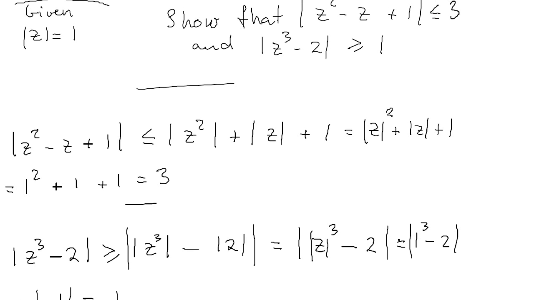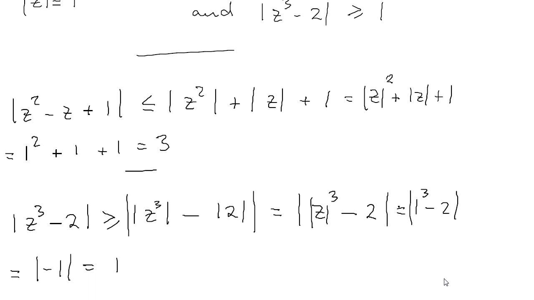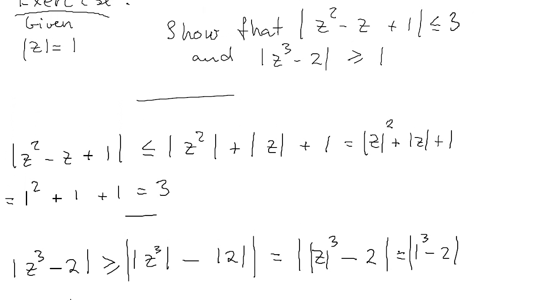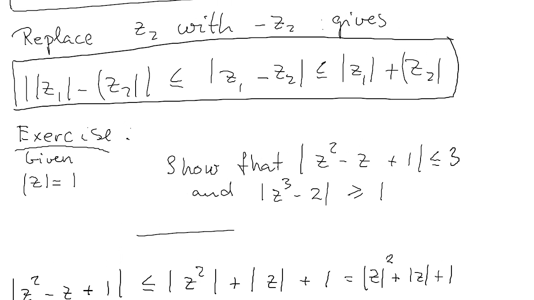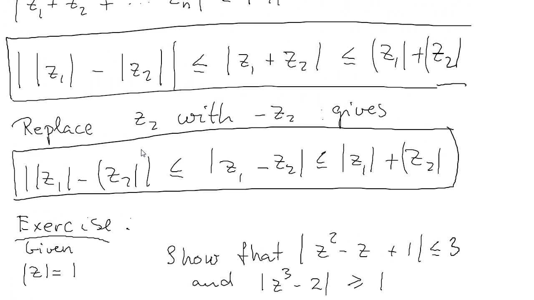Let's go into the second inequality. We have the absolute value of z cubed minus 2. Well, now we go into the reversed triangle inequality. Let's go back to it, which was this. This was the reversed triangle inequality.